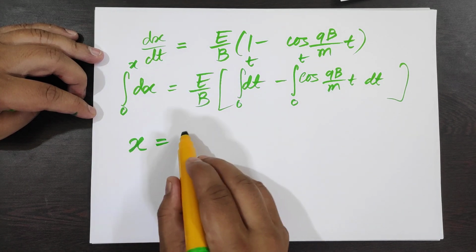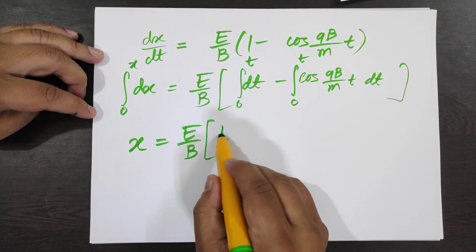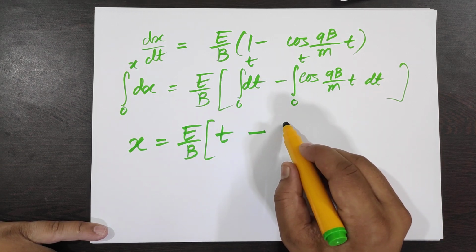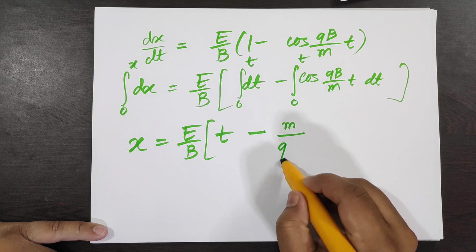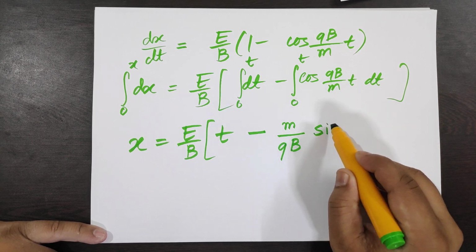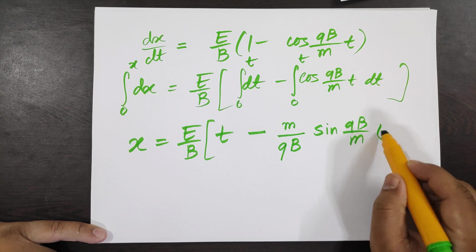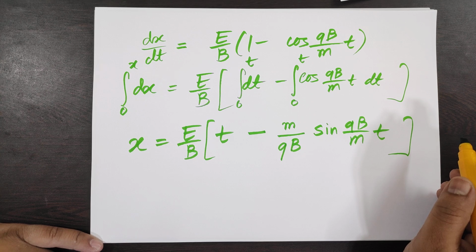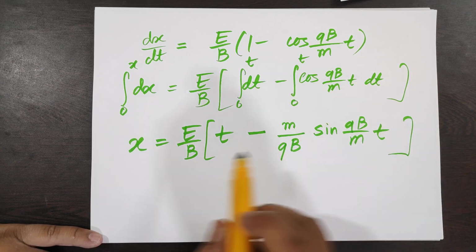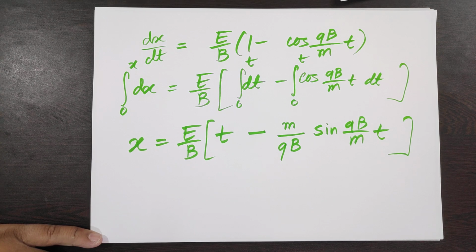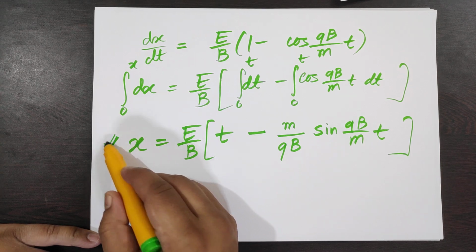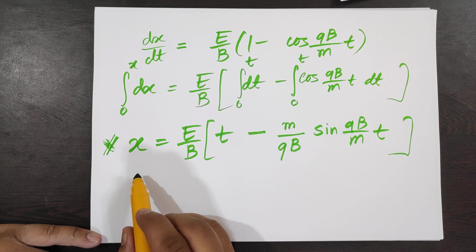So here you get x equal to E by B t minus, here you get m by qB, and then sine qB by m times t. So that is the x coordinate.